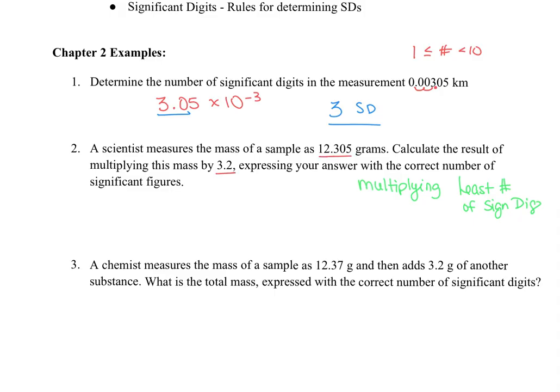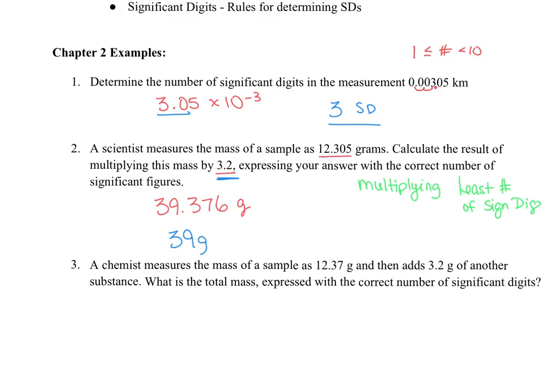This guy has 2 significant digits. So when I multiply, I am going to get this big number here. However, I only had 2 there, so I'm going to say something like that for significant digits, all right?